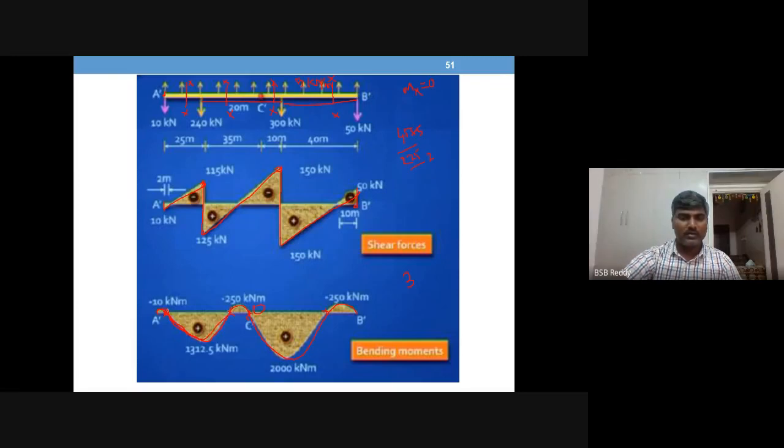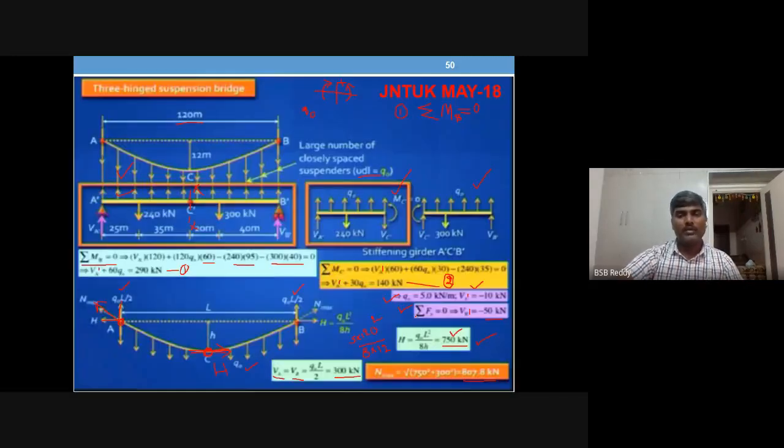So here, here, and here. Okay, so 3 points of contraflexure, whereas C dash is a physical hinge, it is not imaginary, right? But the other three are imaginary hinges. This is an imaginary hinge, this is an imaginary hinge, this is imaginary, but this is a real hinge, where you provided it in the girder. Okay, so this is how we solve the three-hinged stiffening girder problems.